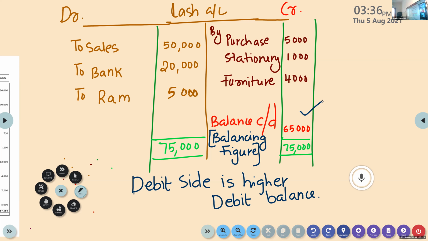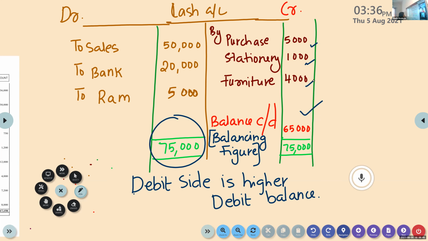Now, what is understood from this account? In this particular cash account, the company had 75,000 with them. Cash went in the way of purchase, stationery was purchased, furniture was purchased.